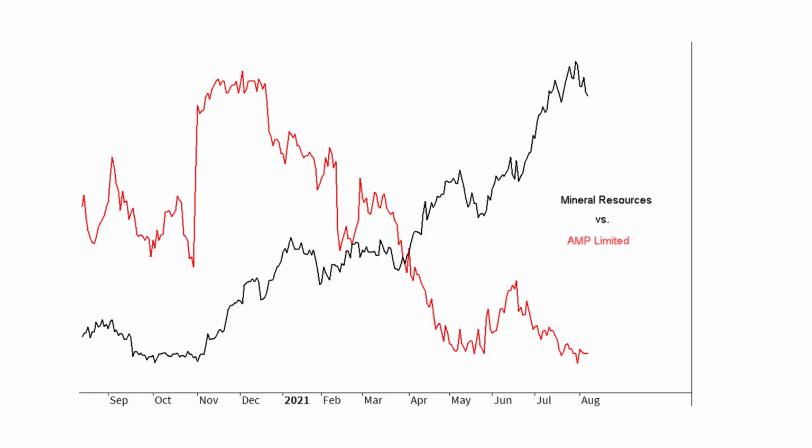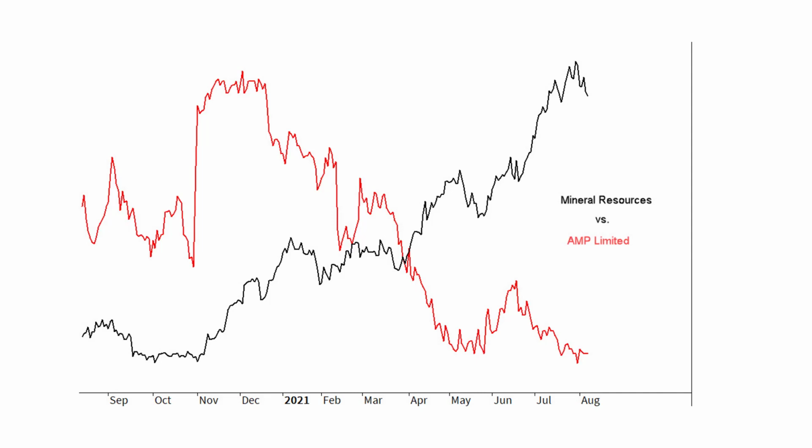So what's relative momentum? Relative momentum is when we compare the momentum of one symbol to that of another symbol, or better still, a universe of symbols such as the ASX 100 or the NASDAQ 100, whatever it may be. You can see on this chart we've got Mineral Resources and we've overlaid AMP.